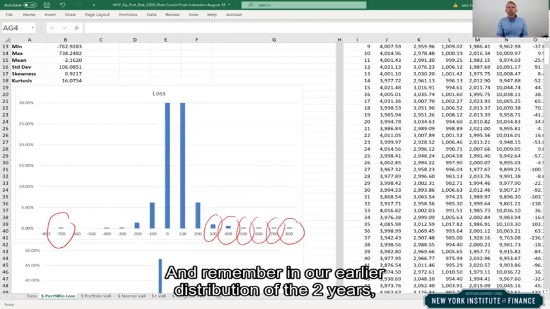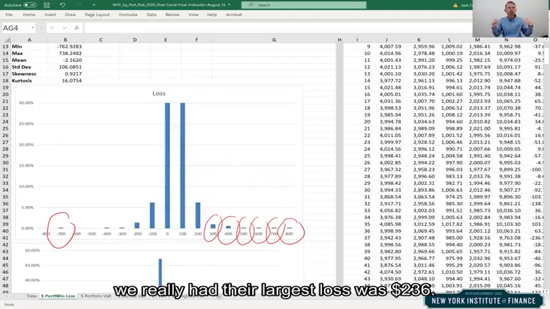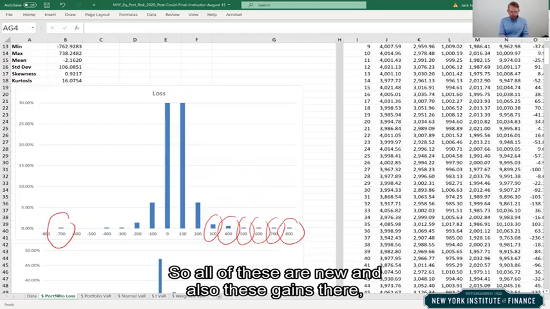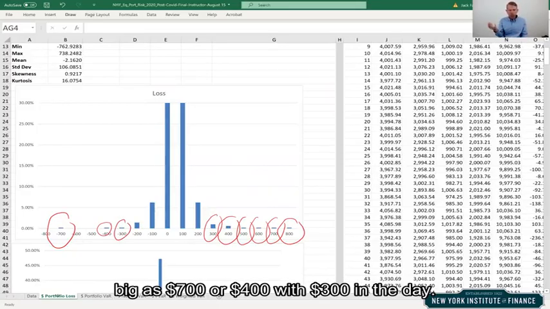And remember, in our earlier distribution of the 2 years, not including the COVID period, none of this was present. Our largest loss was $236. So all of these are new. And also these gains are new. We didn't have any gains as big as $700 or $400 or $300 in a day.